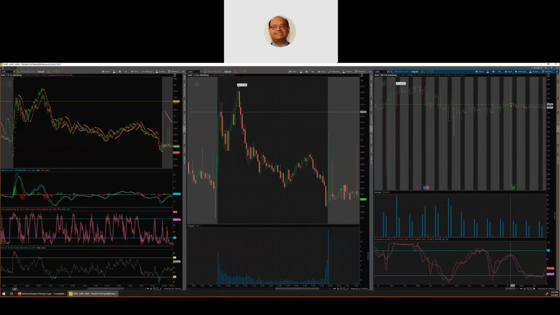But from here to here, I'll try to measure how much it is. Probably let's say that's like 2.5%, right? Stochastic is able to give you that.